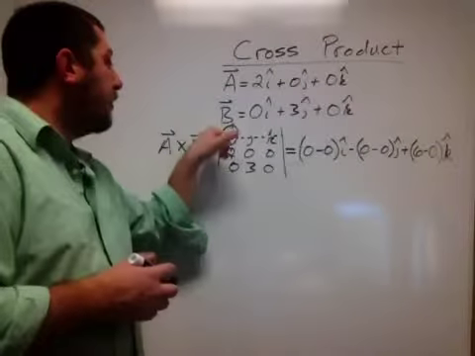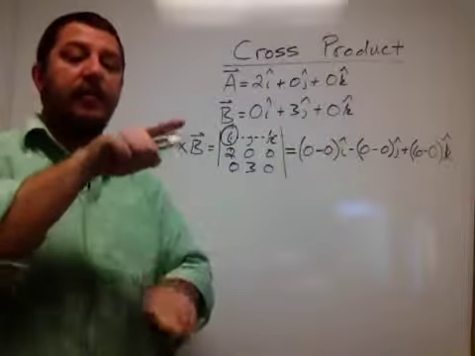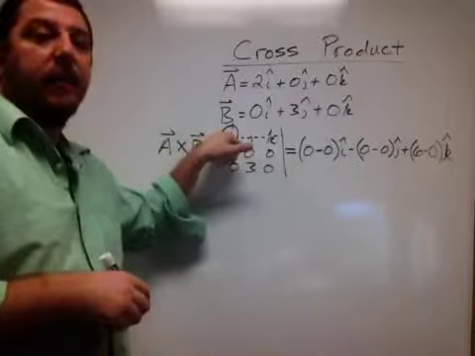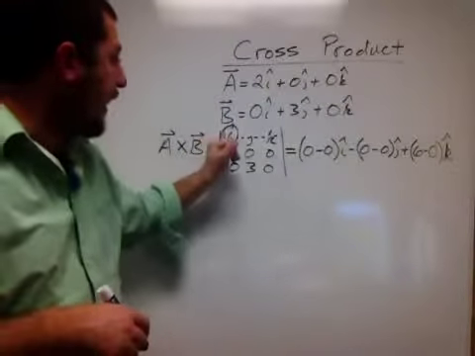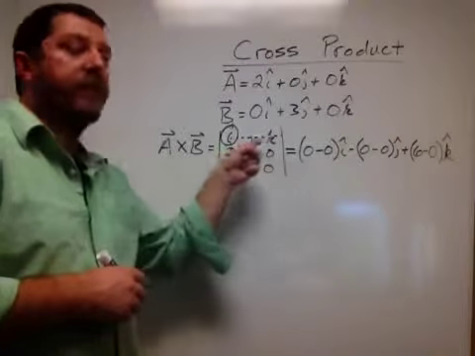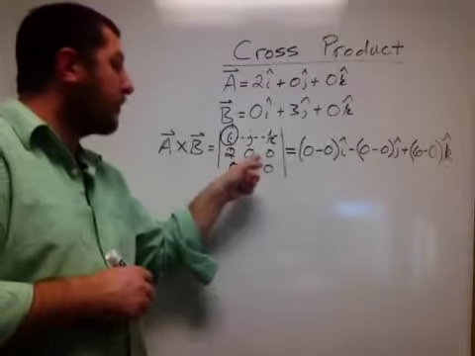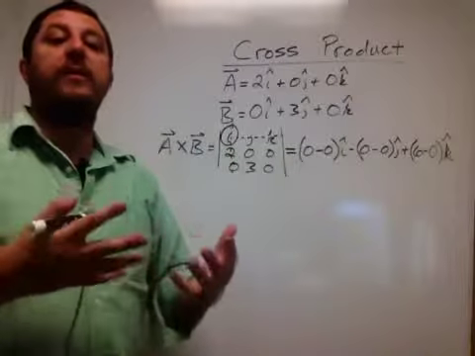Take an element and look at its row and its column. I'm going to look at the element i here, the first unit vector, and ignore everything in that row and column. I take the determinant of this mini matrix right here, and once I find it, I multiply it by the element whose row and column I was looking at.